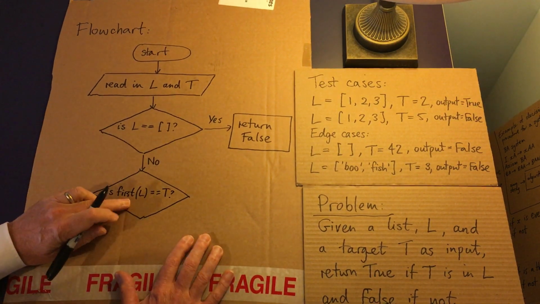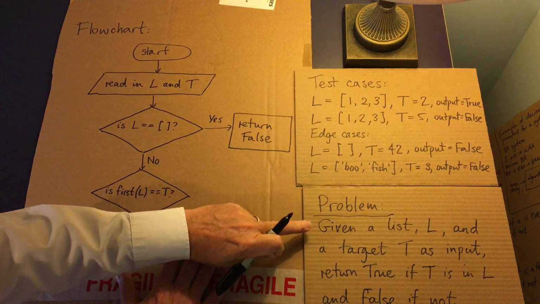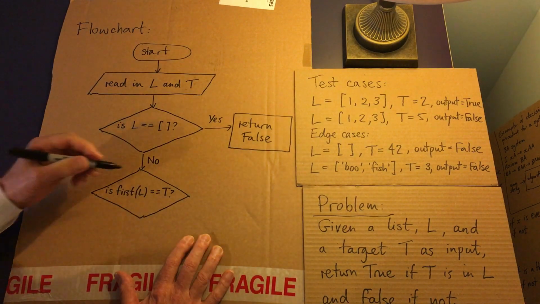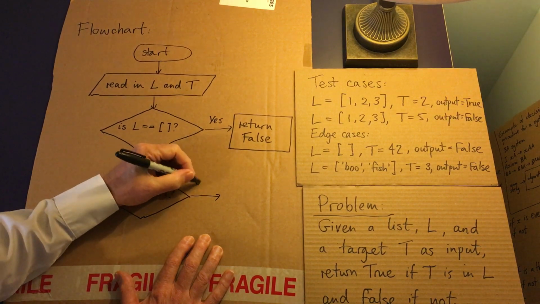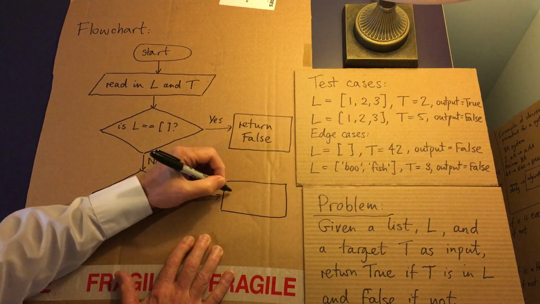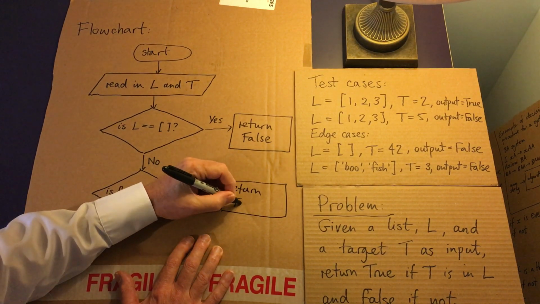And if the first element of L is equal to T, then I've answered my question. Given a list L and a target T, return true if T is in L. I know that it's in L now. In fact, it's currently the first element. So if the answer to that is yes, I can return true. Excellent.